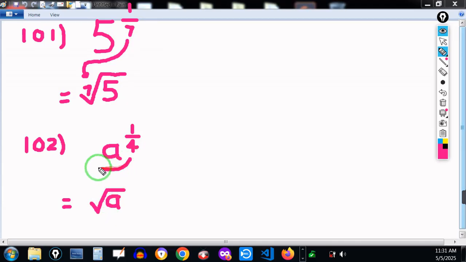You know that the 4 must be tucked inside here, not outside. Okay, that's a 4. You write nicely, and it should be inside there. 100% correct. Okay, 103.